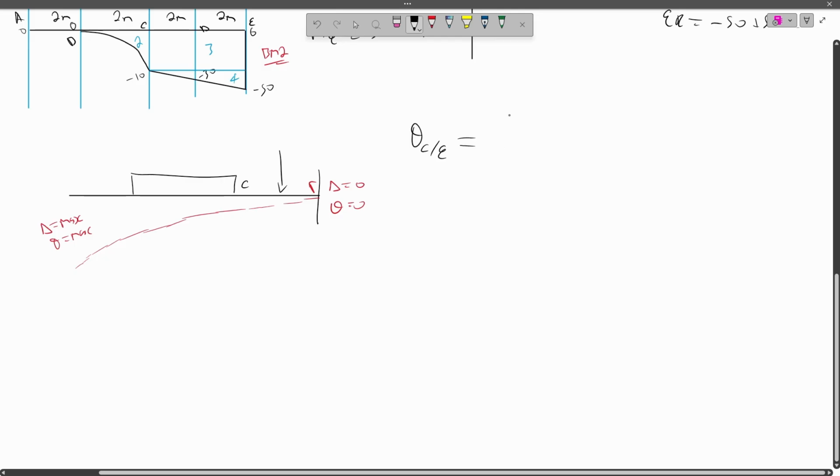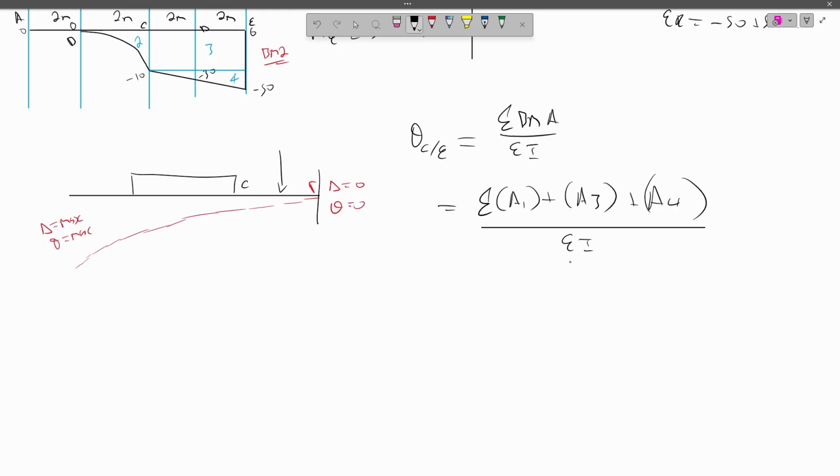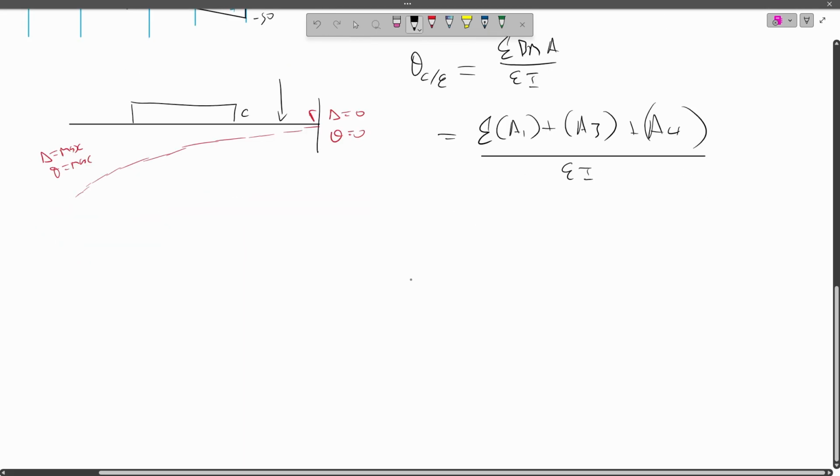Our slope is going to be the sum of our bending moment areas divided by EI, which is the sum of A1 plus A2, plus A3 plus A4, divided by EI.